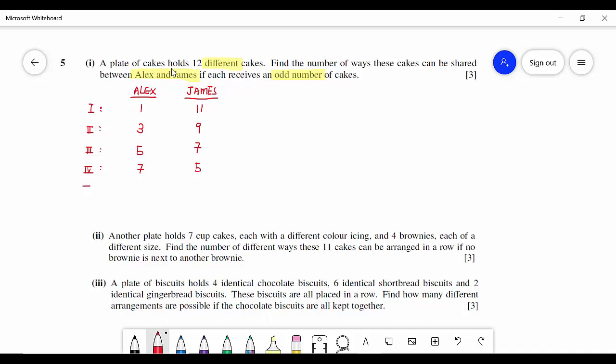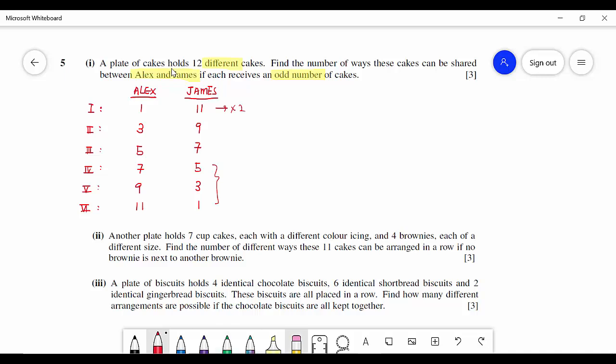All right, and then the fifth case is 9 and 3, and the sixth will be 11 and 1. So there are 6 different cases here. Okay, but you can see that the numbers are repeated, from here 7, 5, 9, 3, 11, 1. So some solutions might want to save space, and what they can do is just consider that this one multiplied by 2, because you can exchange the values.